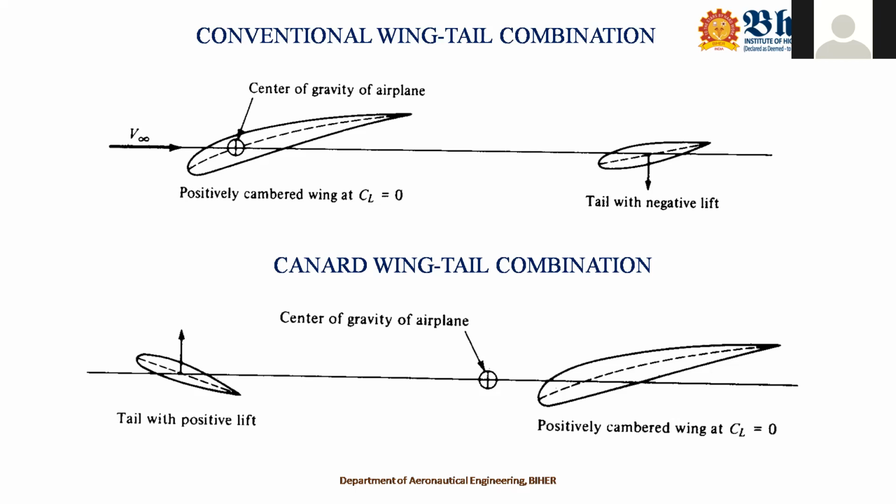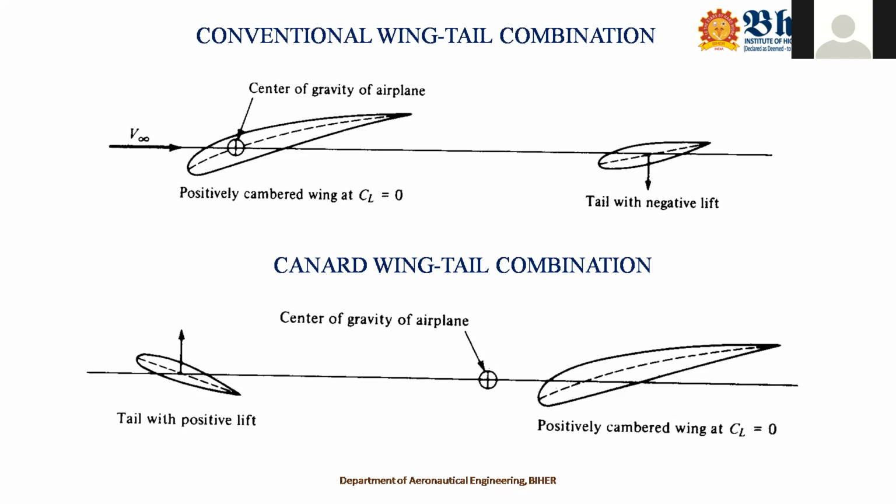Similarly, in the case of the canard wing-tail combination, when the tail is deflected in the upward direction, it creates positive lift. When the positive lift is generated, you see, it should move in the clockwise direction, and when this moment is strong enough to overcome the coefficient of moment about the aerodynamic center, then the combination of this moment with the wing, it is obvious they'll get the positive value of Cm naught.